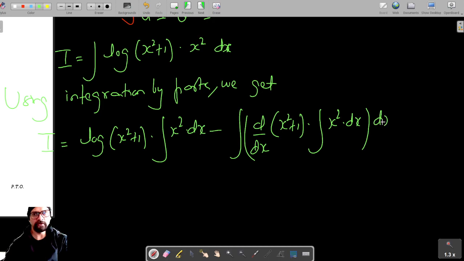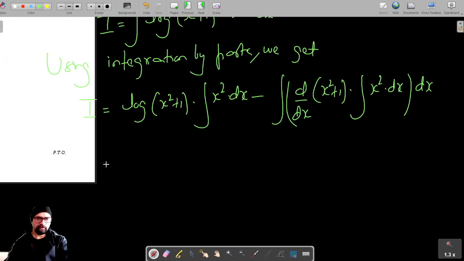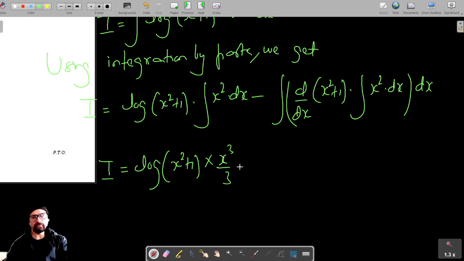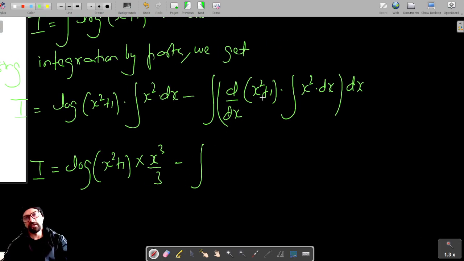The whole has to be integrated. So I is equal to log of x squared plus 1, and the integration of x squared is x cubed by 3.